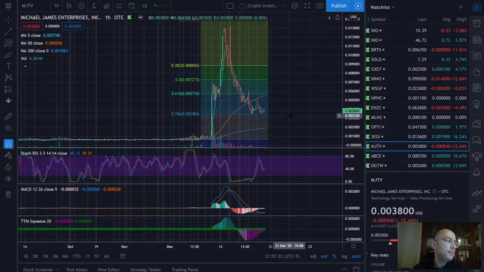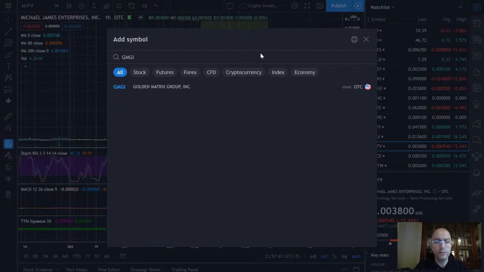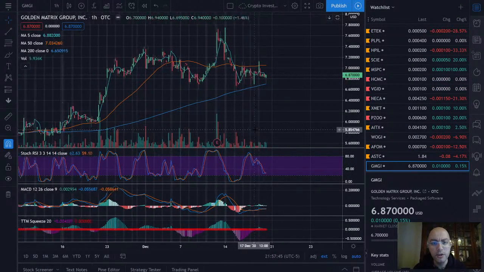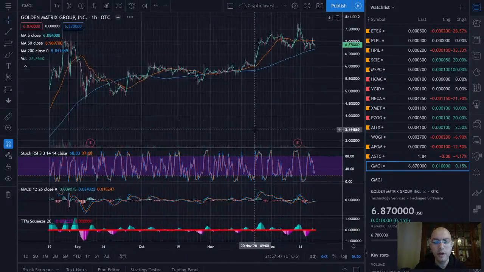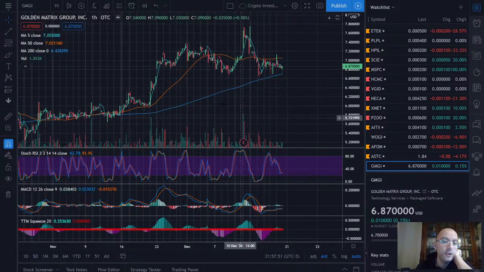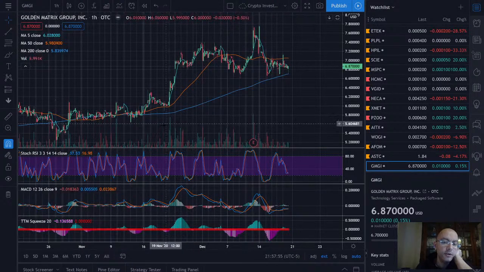So that's that. In terms of Fibonacci extension, Ahmed, this is what you normally do. I know this GMGI is making new highs. So for example, for a stock that is making new highs, or even any stock, to be honest with you, it doesn't have to be one that is making new highs.